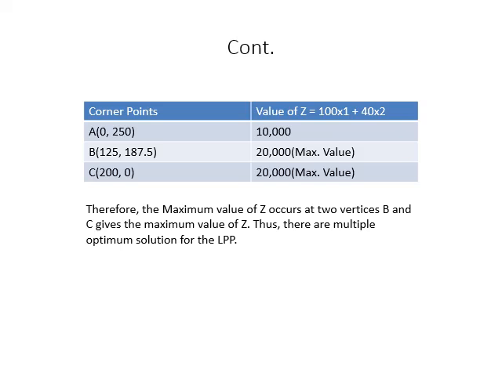The last, Z equals 100 times 200 plus 40 times 0, and the result is also 20,000.